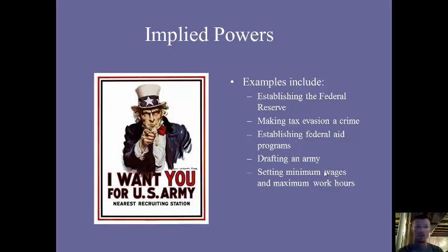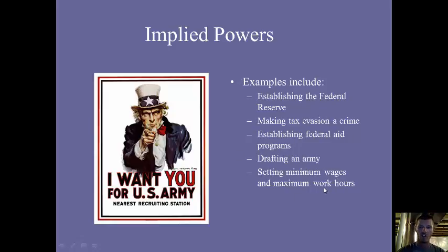If they want to set a national minimum wage, they're able to do that. States can also set a minimum wage for their state, but they have to follow the national minimum wage. You can't be below what the federal government sets. So if it's $10 an hour, every state has to be at least $10 an hour. Some states are a little more than the minimum wage is now, and that's okay.